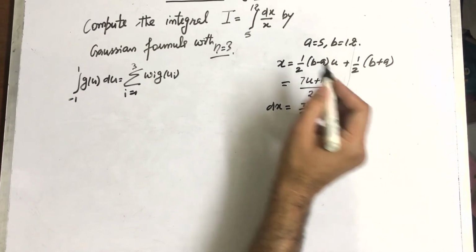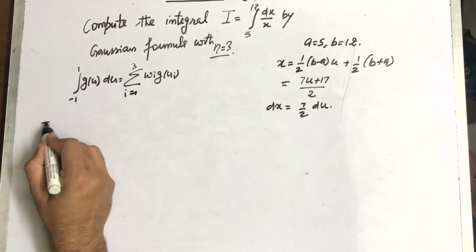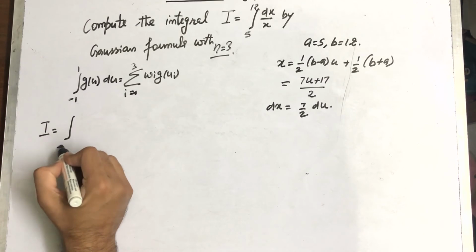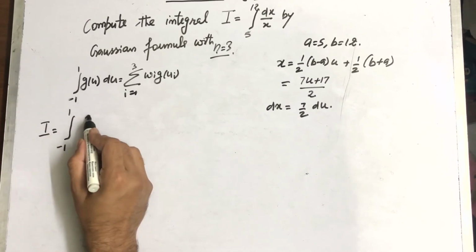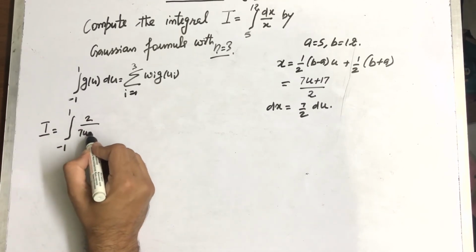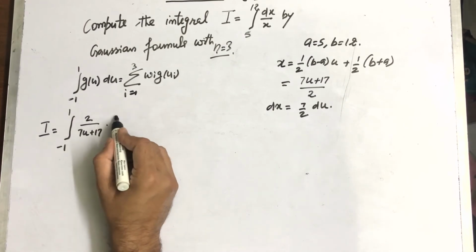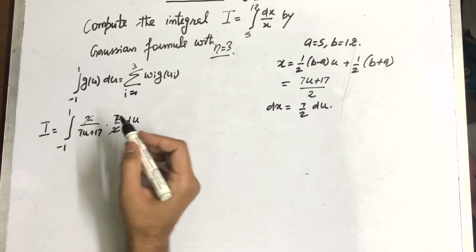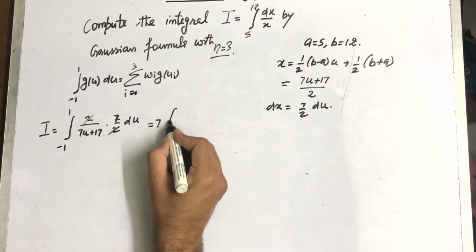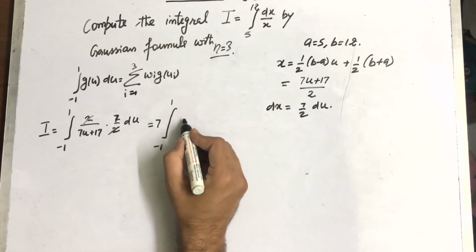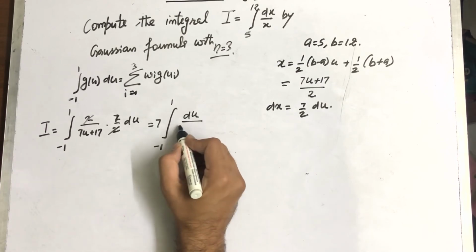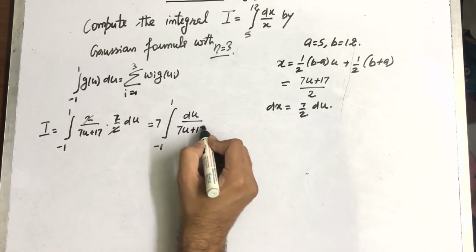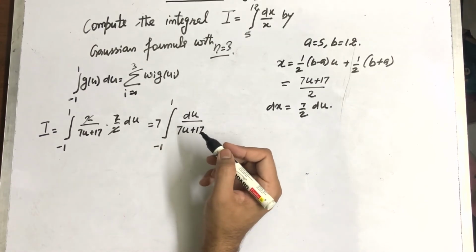So putting these values in the given integration formula, the limits will become minus 1 to 1, 2 upon 7u plus 17 into 7 by 2 du. So 2 will cancel, and it is 7 times the integral from minus 1 to 1 of du upon 7u plus 17.